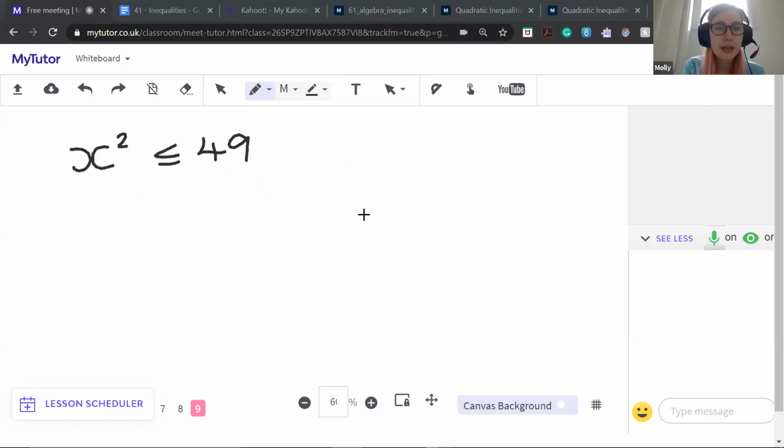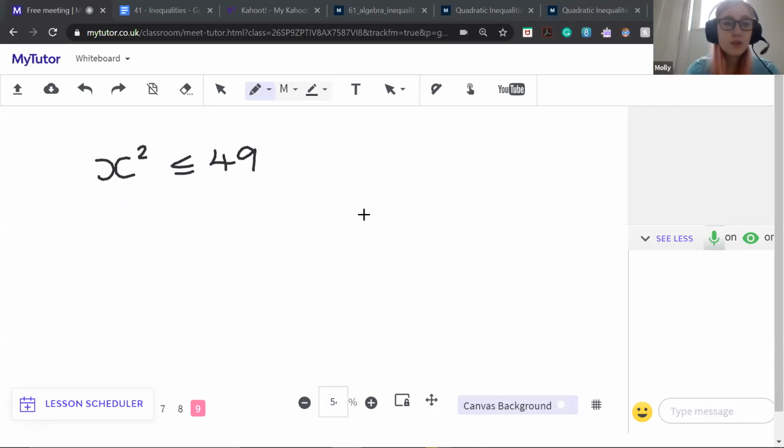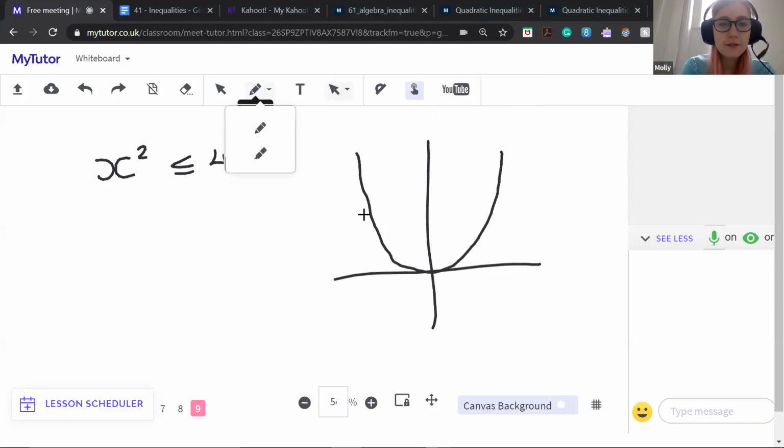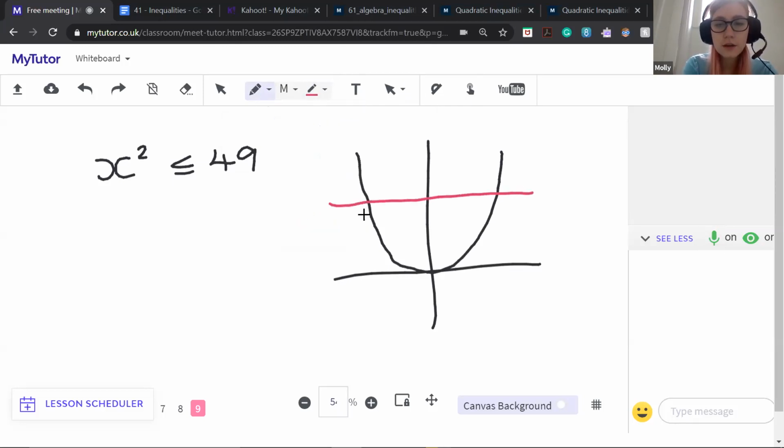Let's draw a graph of x squared. It looks like this, right? And 49 occurs here, let's say, at minus 7 and plus 7. Nothing too radical right now.